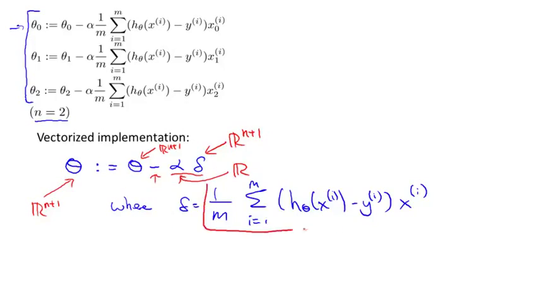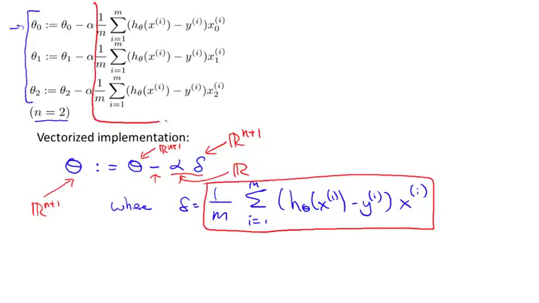Well, this vector delta looks like this, and what it's meant to be is really this thing over here. Concretely, delta will be an n plus 1 dimensional vector, and the very first element of the vector delta is going to be equal to that.